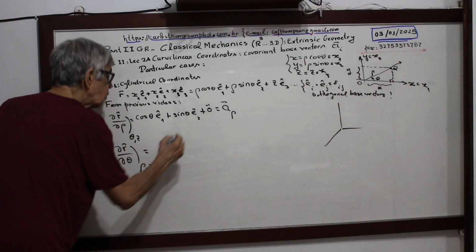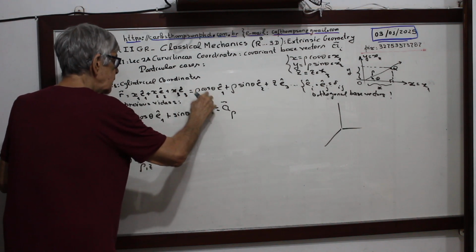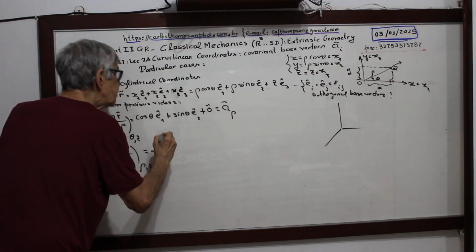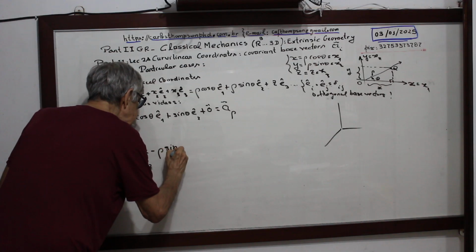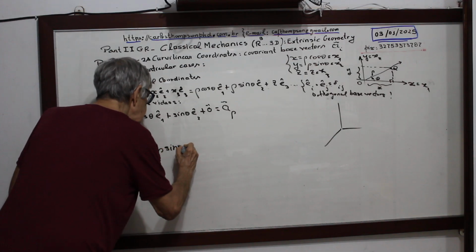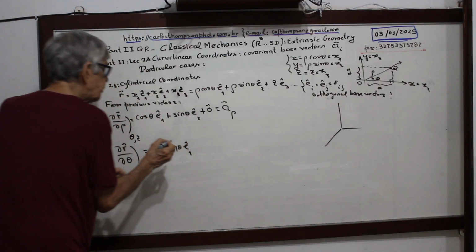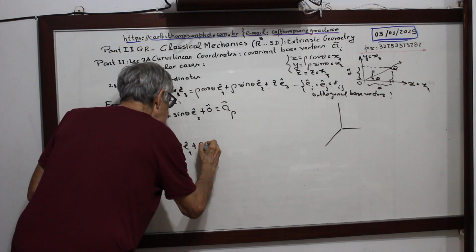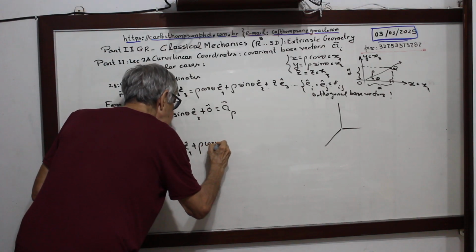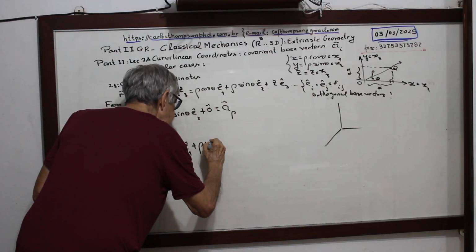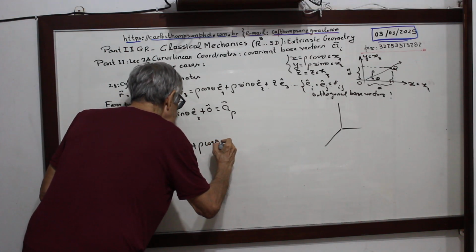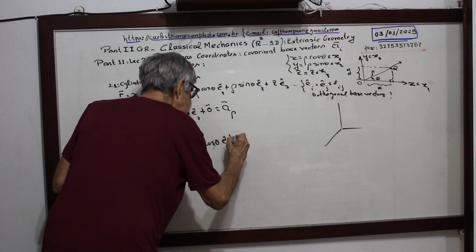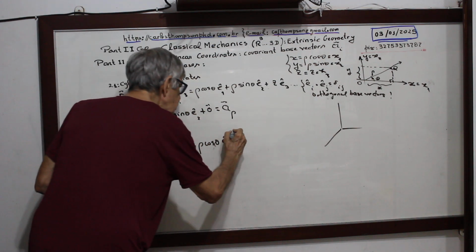Then I see this will be minus rho sine of theta e1, derivative of sine theta, plus rho cosine theta e2 plus 0, the 0 vector.